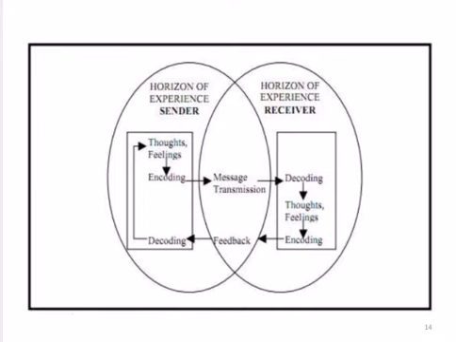Once na nagkaroon siya ng thoughts or feelings, i-encode niya, then itatransmit niya kay receiver. Si receiver naman is decode niya, magkakaroon siya ng thoughts or feelings, tapos encode, then feedback, then decoding again to the sender. So that will be the flow of the communication within the organization. So ibig sabihin, meron siyang process.